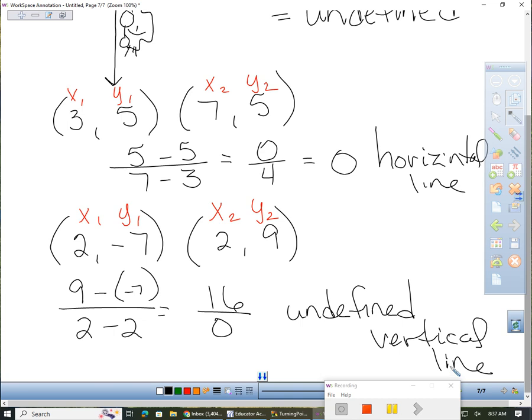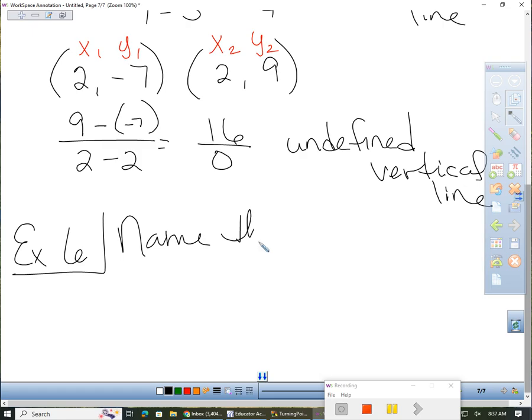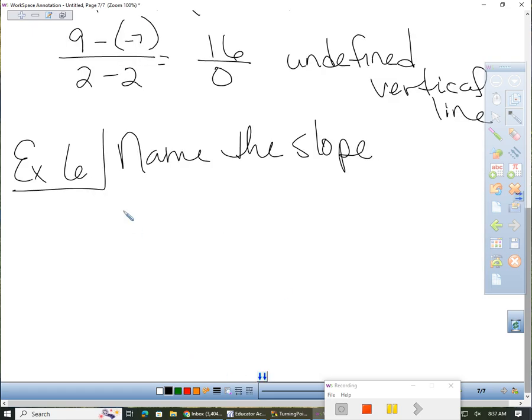So now the last couple problems we need to talk about, and then I'll let you guys start your homework. So I think I'm on example 6. Name the slope. And let's say on your graph, they give you a line that looks like this.